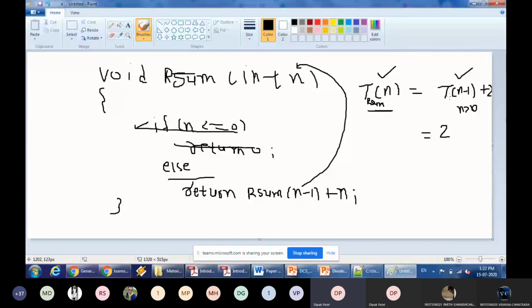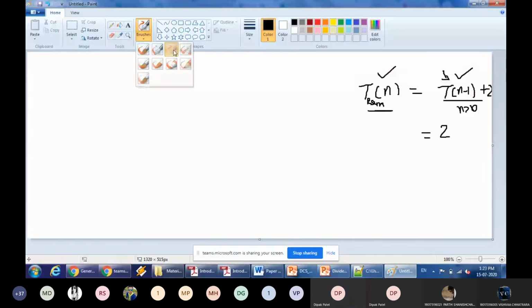It means this algorithm contains another algorithm which works on a smaller input, that is n minus 1. So similarly in divide and conquer design strategy, consider that we have n inputs, and we want to write a recurrence relation on n input.